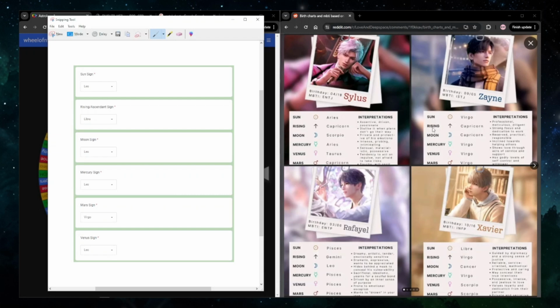Cancers, when they feel sad, do close up a little bit, but not as much as a Scorpio. However, if you're willing to comfort Xavier by giving him a lot of love and a lot of affection, even as a Leo, I think that would actually work out very well.